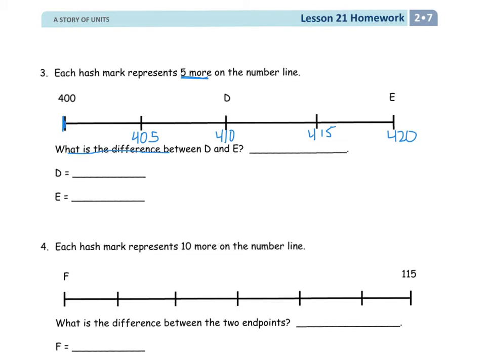So what is the difference between D and E? Meaning how much is different between them? I could subtract, but I know that each jump is worth 5. So if I go 5, 10, the difference is 10.